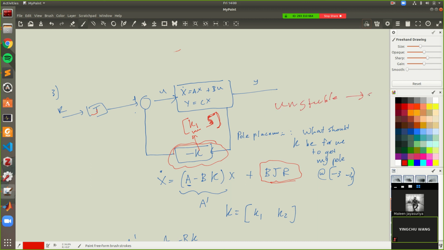But that's not the only thing we usually want to do. We want the final steady state of the system to come to a certain value, and that is what's affected by J, but that will be clearer in the next question. Hopefully this gives you an idea of how pole placement works. It's basically figuring out these k values so that we get the poles and the performance that we want.